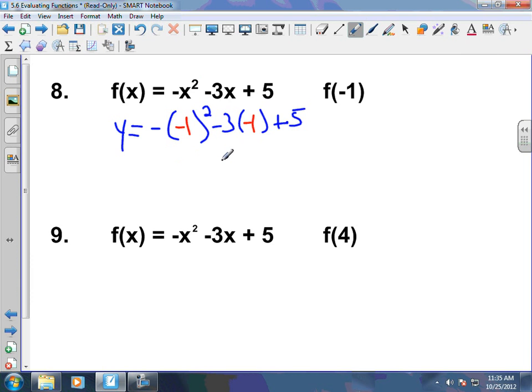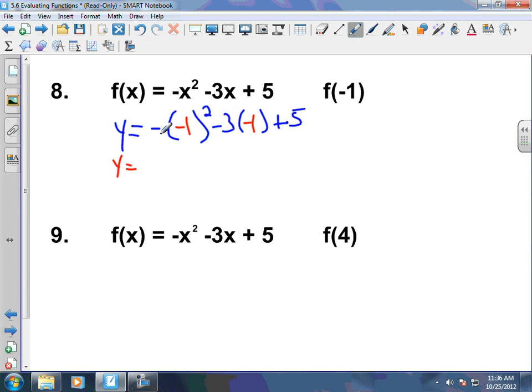Okay. Now, this is where it gets real tricky and why you have to have the parentheses. This negative sign outside has to stay outside. It is not the same as the negative sign in front of this one right here. So, order of operations. What's the first thing you do? Exponents. Negative 1 squared is positive 1.